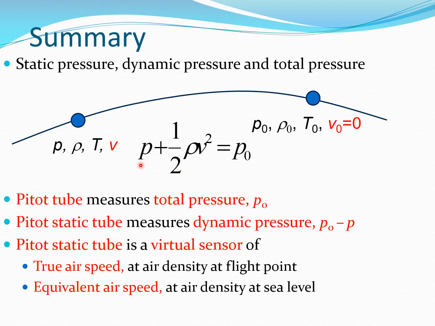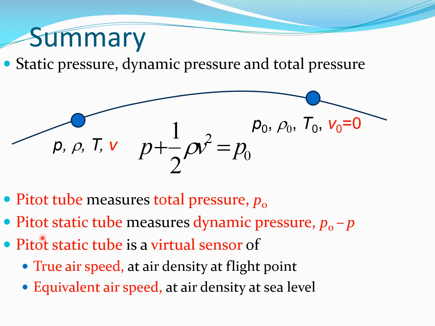The part P is static pressure, the part half rho v square is the dynamic pressure. These concepts are going to be routinely used, and this is part of the vocabulary as far as aerodynamics is concerned. We also saw there is a device called the Pitot tube which measures the total pressure P0.